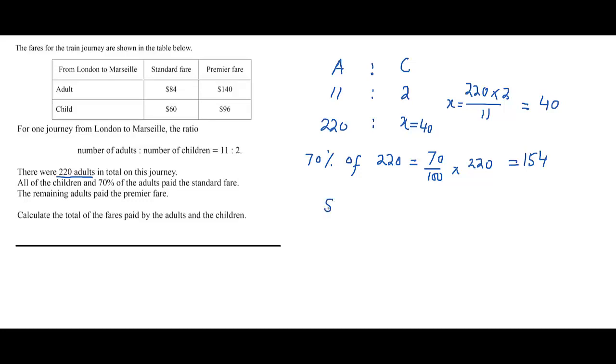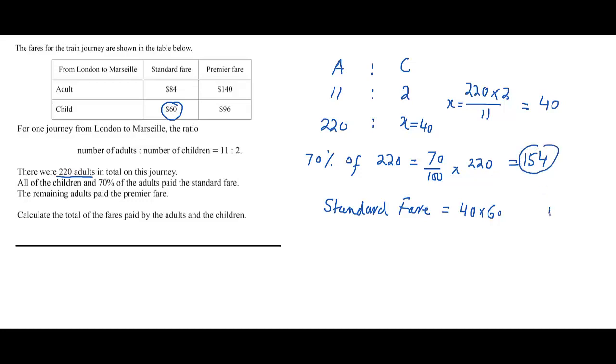So the total standard fare is paid by the children. How many children are there? 40 children. So 40 children paid standard fare, which is $60 per child, so 40 times 60, and the 70% of the adults paid standard fare, and the 70% of adults is 154.